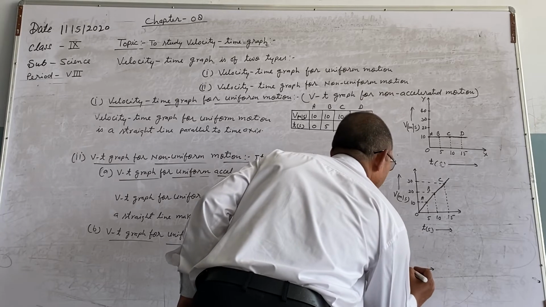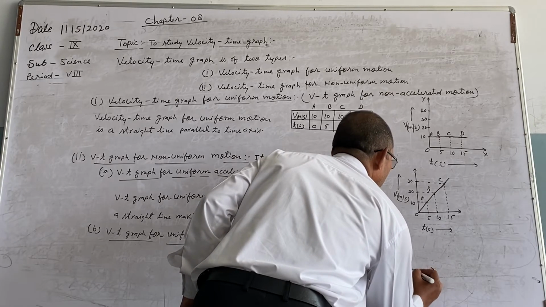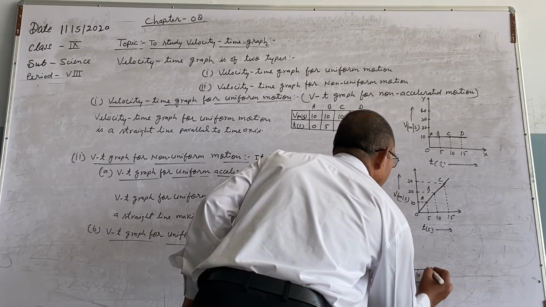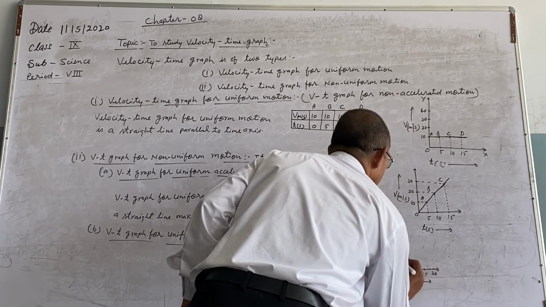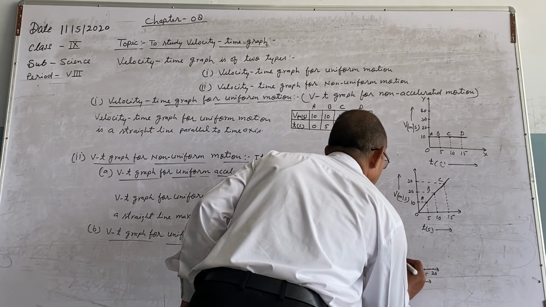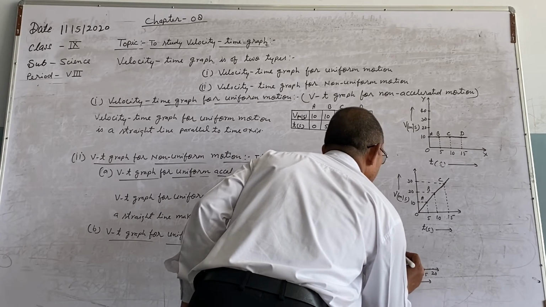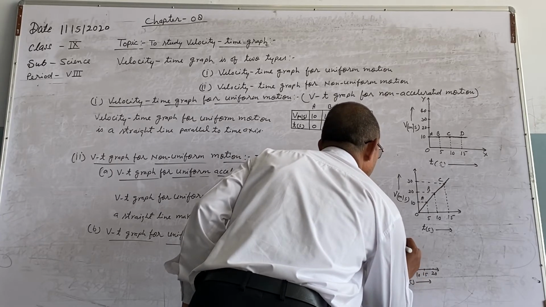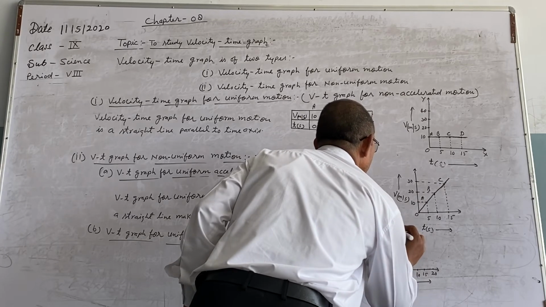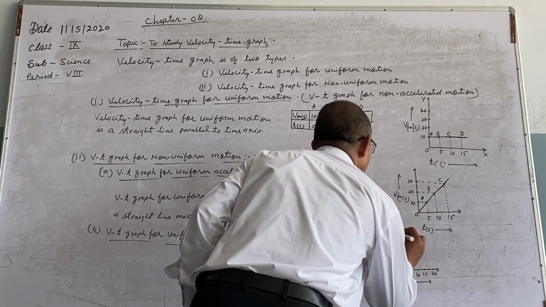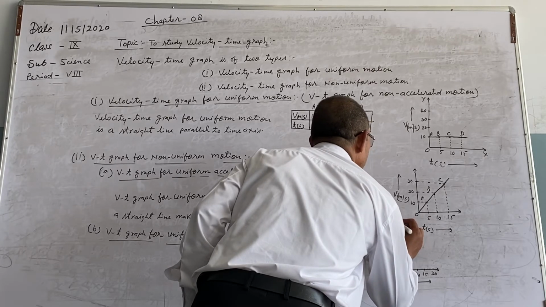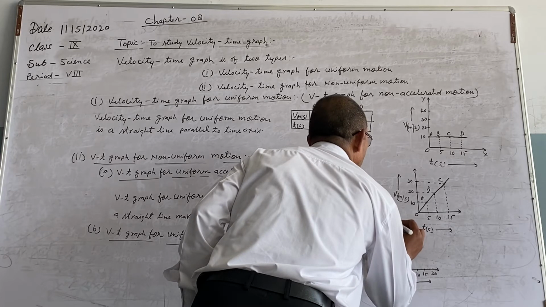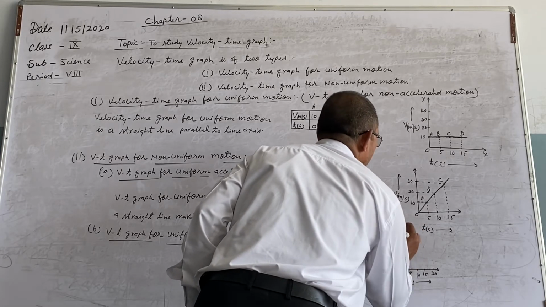So here 5, 10, 15 and 20. Here 5, 10, 15, 20 and this one is 25, right?